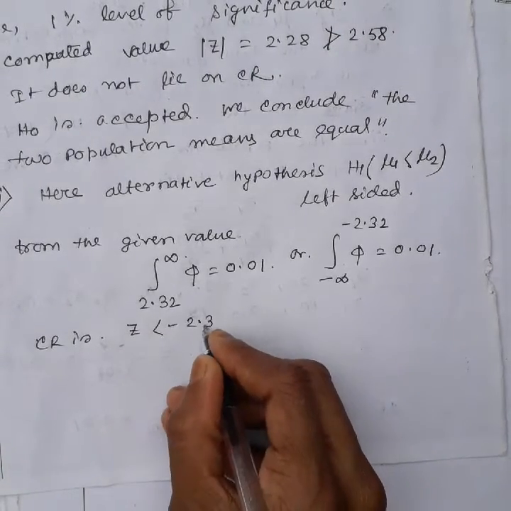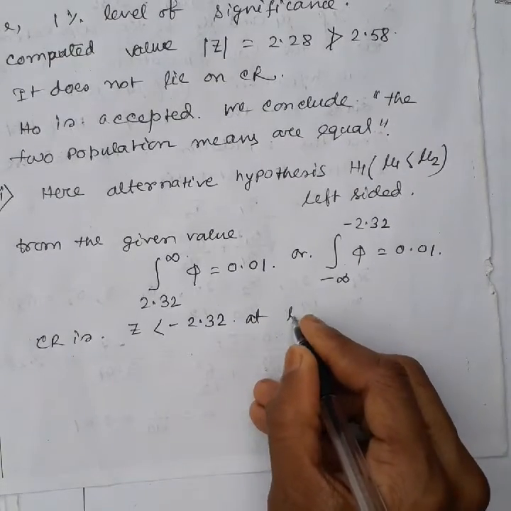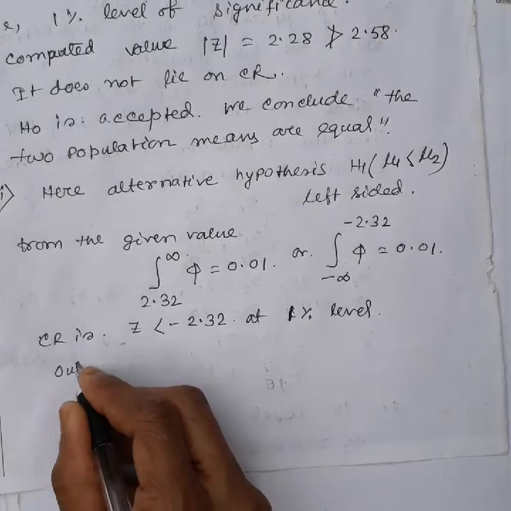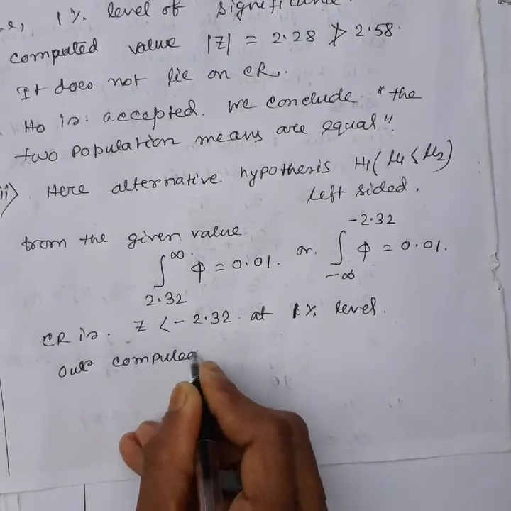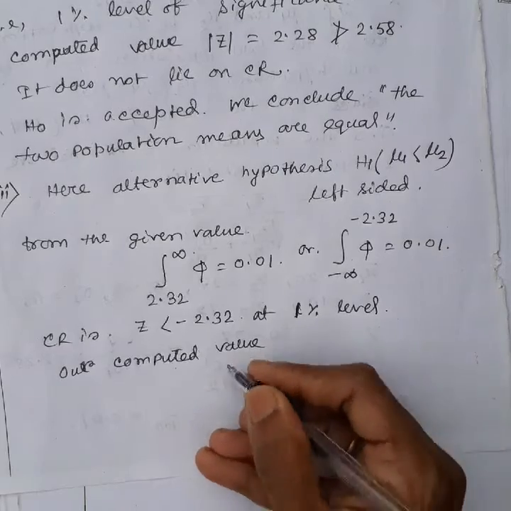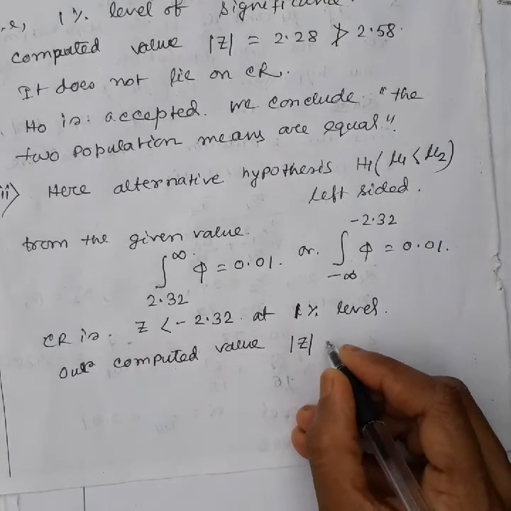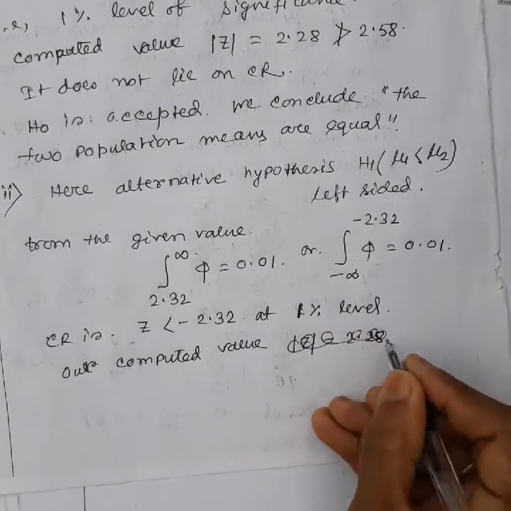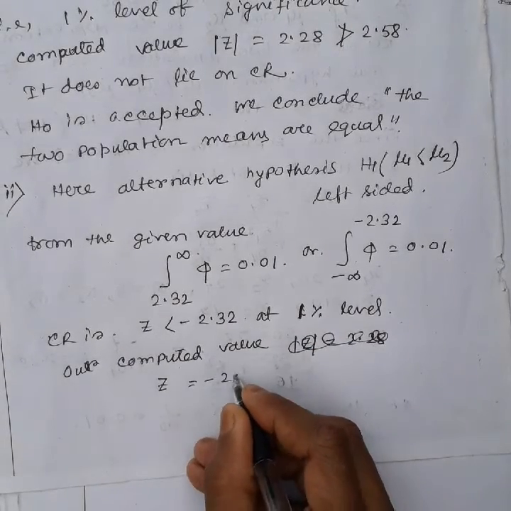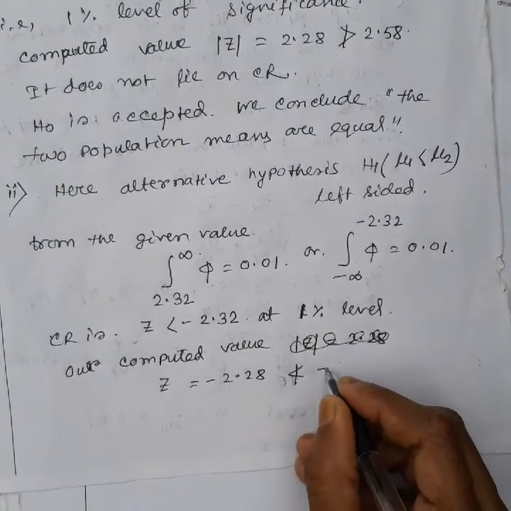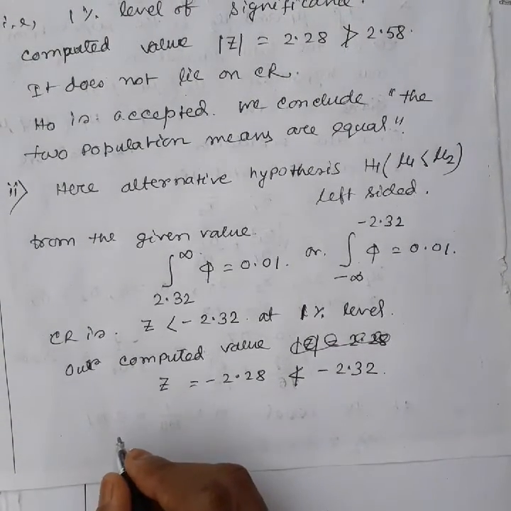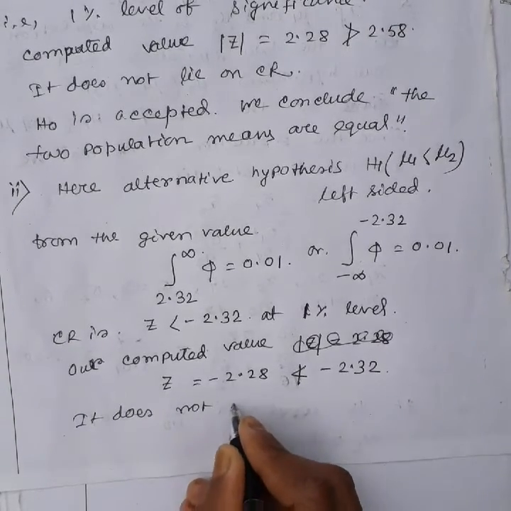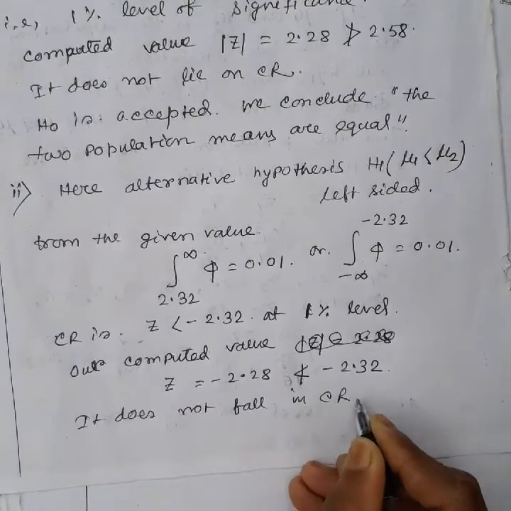So the CR is Z less than minus 2.32 at 1% level, and our computed value, sorry, Z is equal to minus 2.28. This is not less than minus 2.32. Okay, so it does not fall in CR.